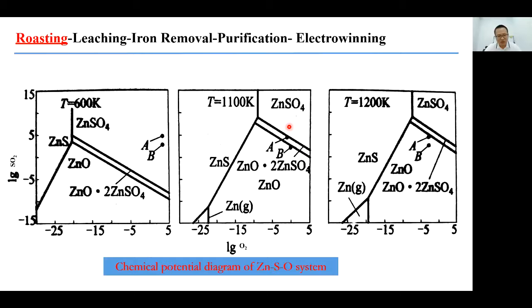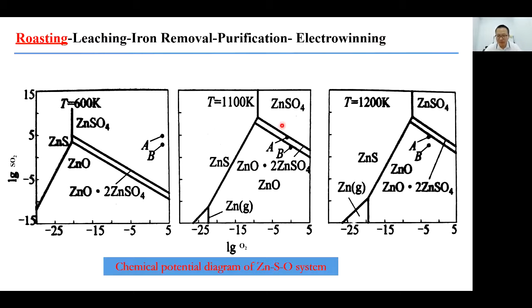And probably you have the question: if we can start from roasting and get the zinc by electrical winning, why are we doing the flow sheet in such a long series of steps?